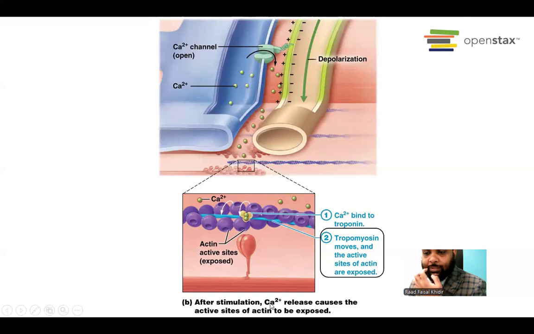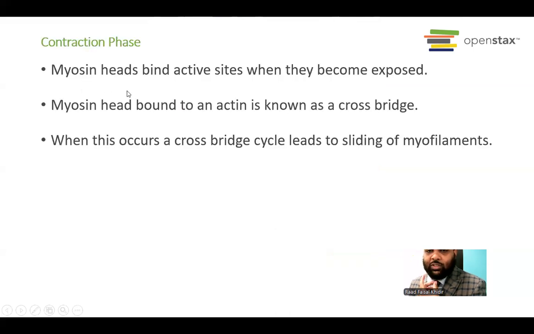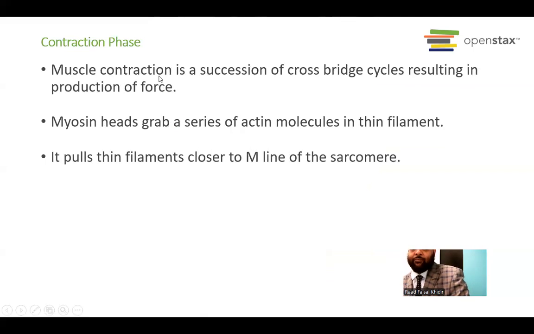The myosin heads bind the active sites when they become exposed, and the myosin head bound to the actin is known as the cross bridge, and that's what causes the sliding.